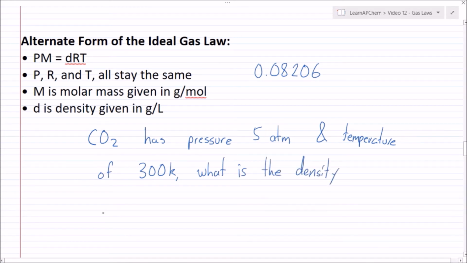So if I look at PV equals nRT here, I don't have anything for density, so that's where this form comes in, where I could simply plug in my knowns into PM equals dRT and solve for d in this question, where I couldn't do that for PV equals nRT. So this is a very useful thing to know for the AP test. I definitely recommend that you memorize this formula and be familiar with it.